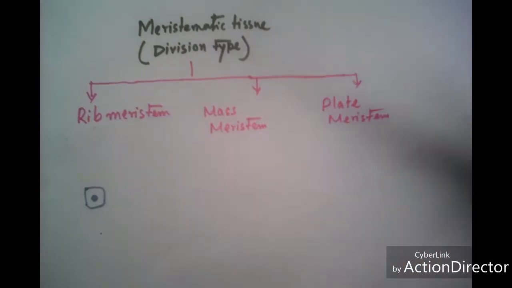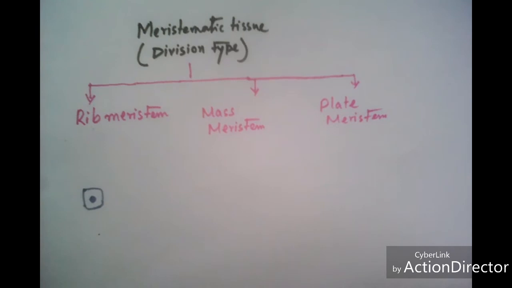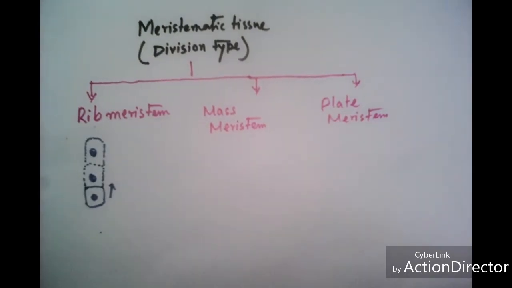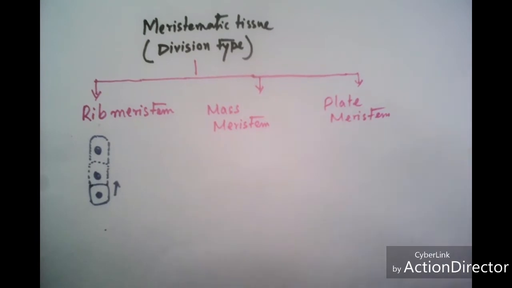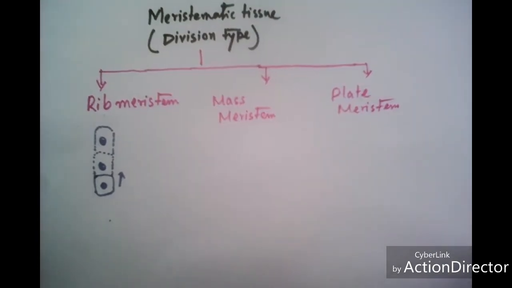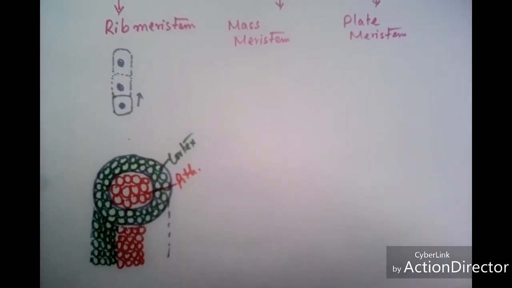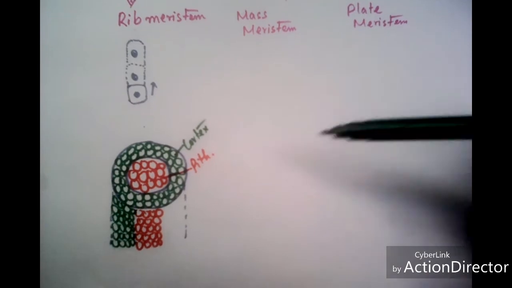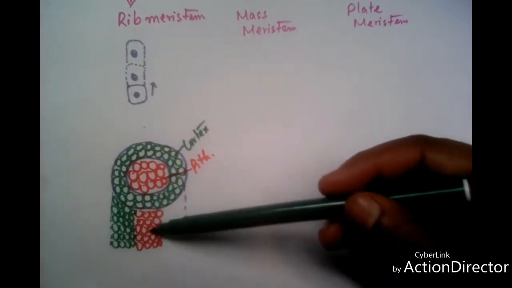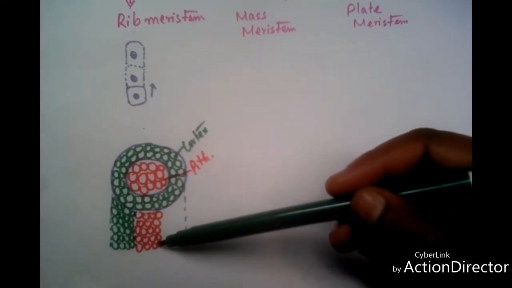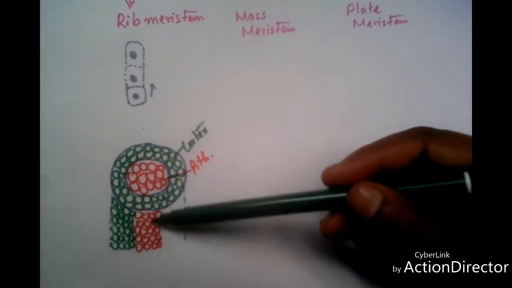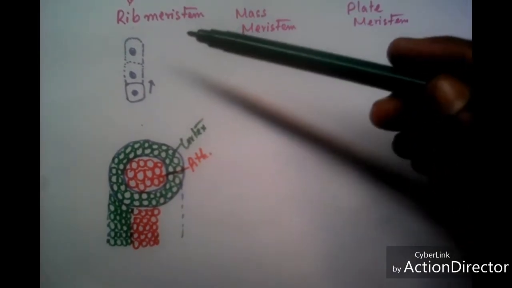Due to this type of cell division, a cylindrical or column-like structure is produced. The cortex region and pith region are produced due to rib meristem. Here cell division occurs in one plane, at right angle to the longitudinal axis. So this is rib meristem.